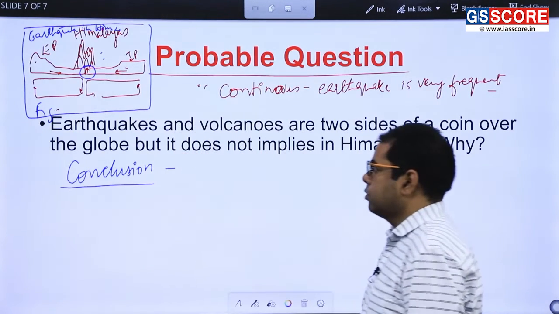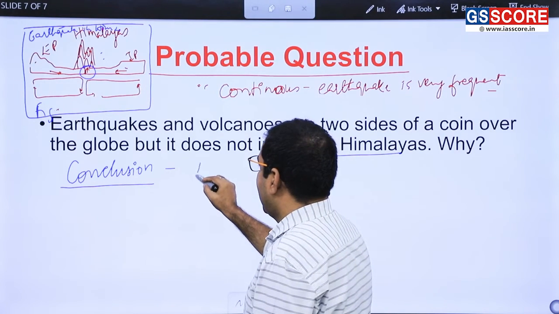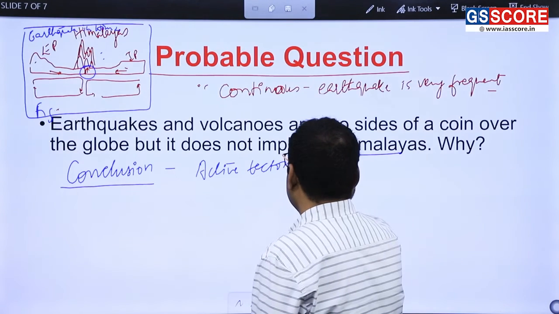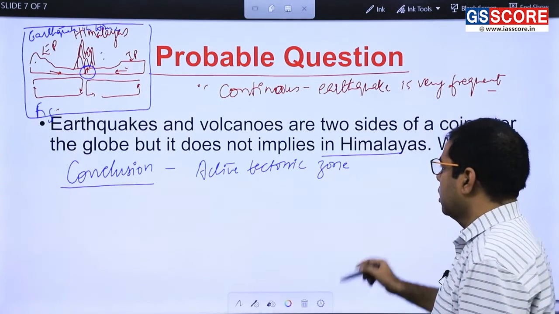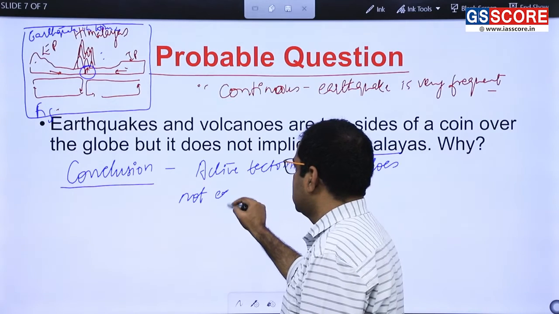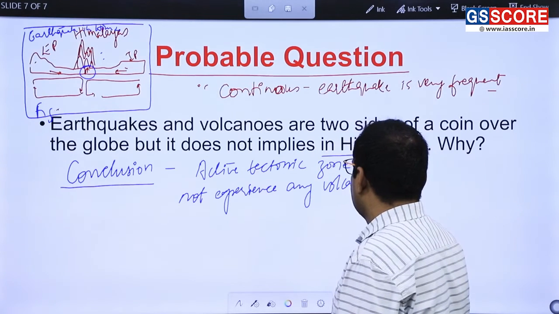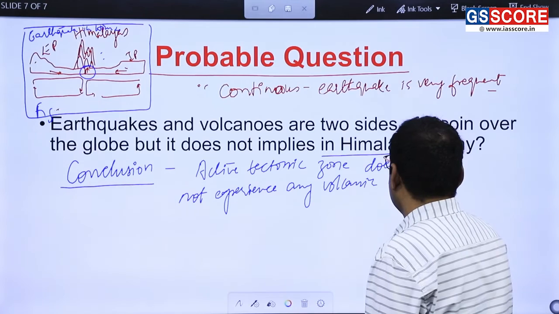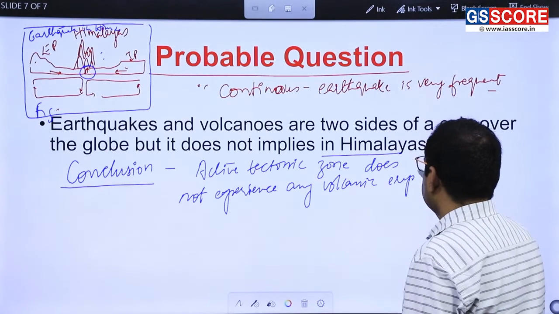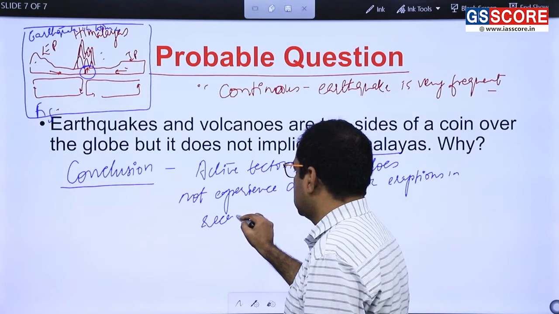For the conclusion, we have to say that the Himalayan zones, even though active tectonic zones, do not experience any volcanic eruptions in recent time. Must remember this, in recent time.